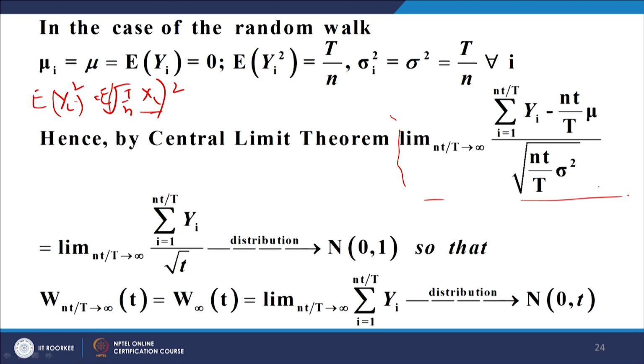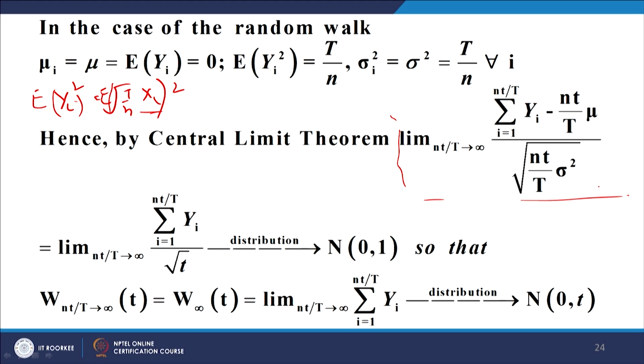And therefore, we find that summation of yi, which is nothing but W n of t, in the limit that n tends to infinity, the number of steps moving to infinity, for an arbitrary length, tends to the normal distribution with a mean of 0 and a variance of small t, which is the arbitrary point in time at which you are working out this analysis.